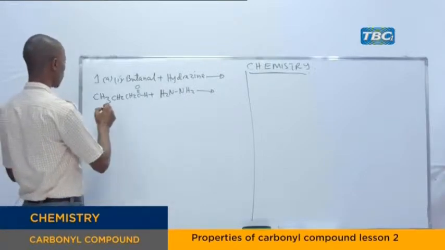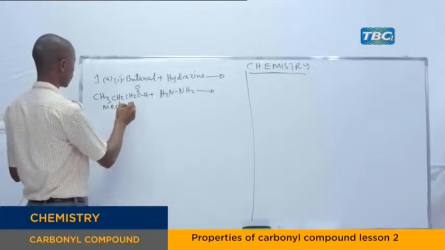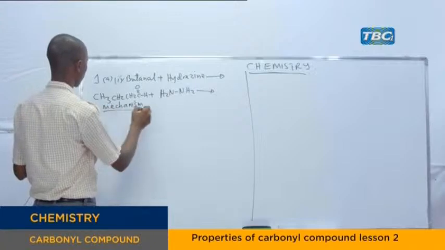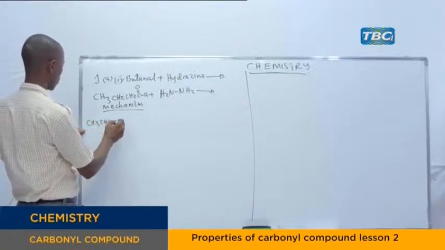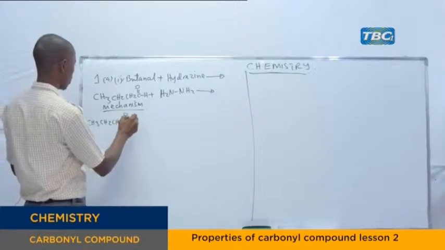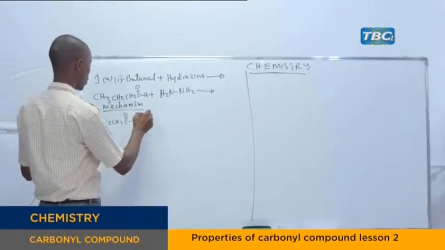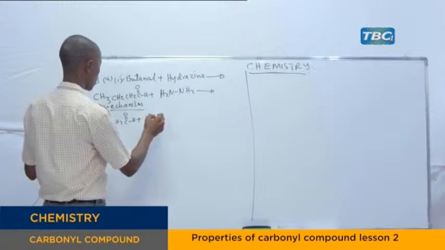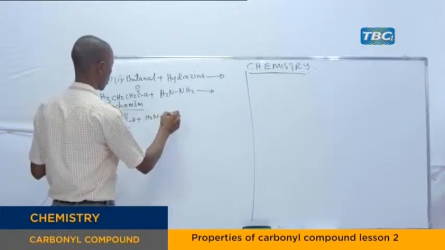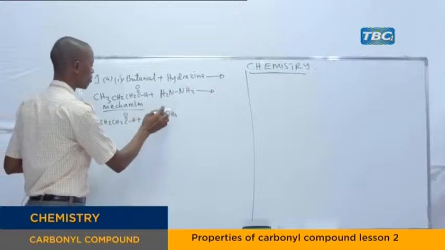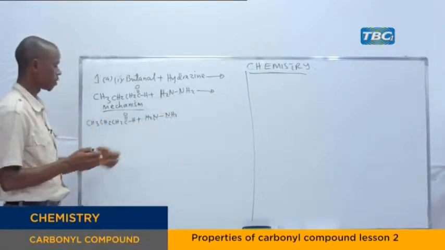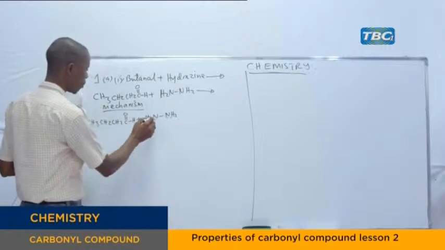Now let us see what will take place on this particular compound. The reaction is simple. Let's see the mechanism. Remember, each nitrogen atom has the lone pairs. Now this lone pair initiated the reaction. How?